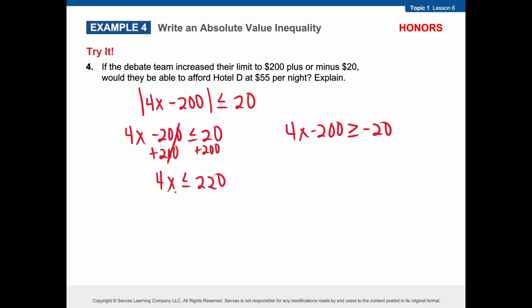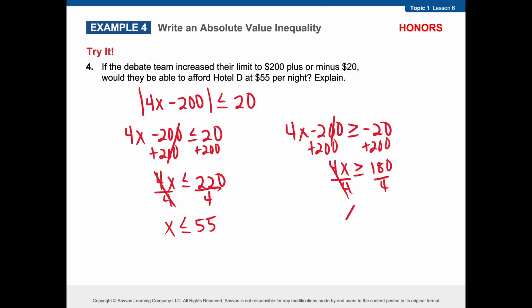Add 200 to both sides, 220. If we had made this a plus and you subtract it, you're going to get a negative number, and that would not work in pricing. So 220 divided by 4 would be 55, and 200 minus 20 is 180, divided by 4 is 45.